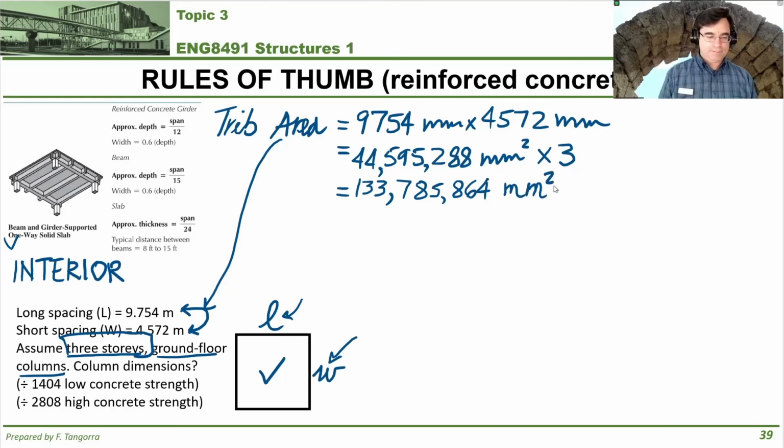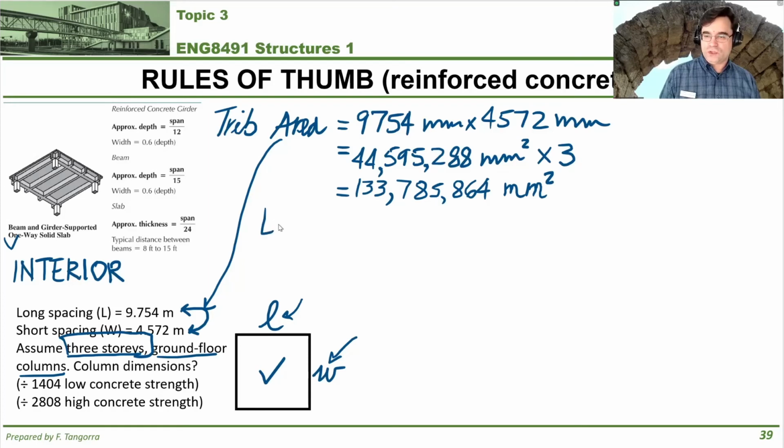Okay, that's the total tributary area that a ground floor interior column is supporting for the 3 stories above it. Now, the rule of thumb shown in Appendix B of your textbook gives weird numbers for interior columns because it's using imperial units, right? Square feet. When you actually use metric units, this is what you're going to be using.